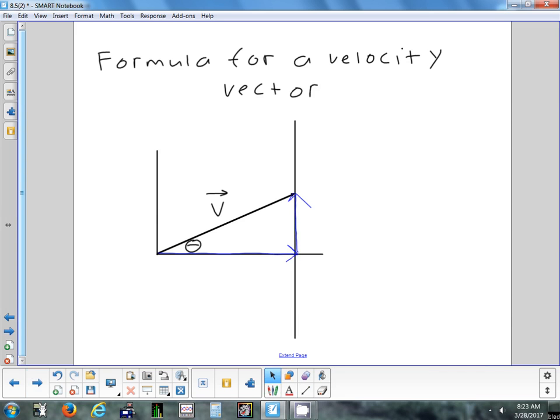Now, I want to figure out what each one of those are in relation to that angle. Let's temporarily call this x and y, but we're going to figure out what x and y are in terms of my vector and the angle I throw the object at.